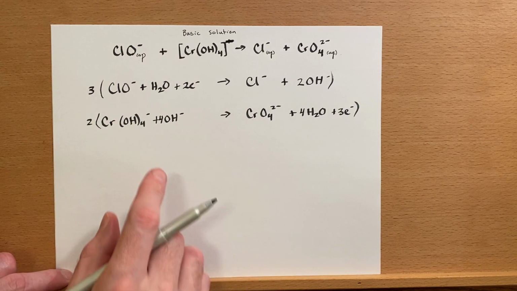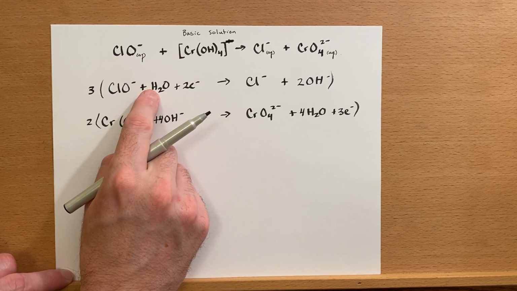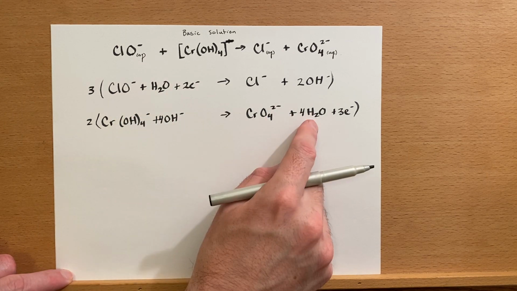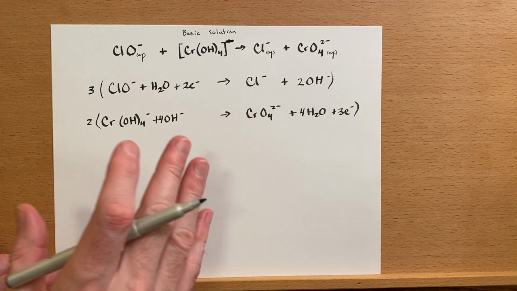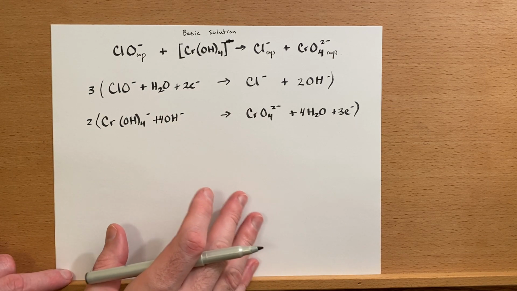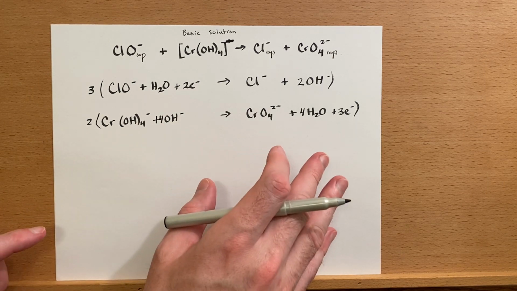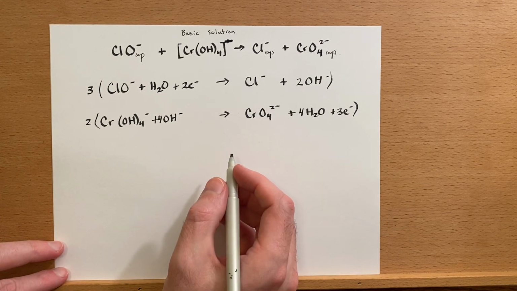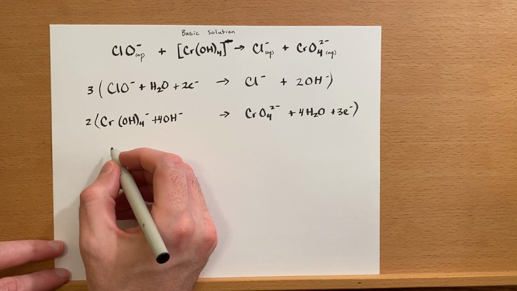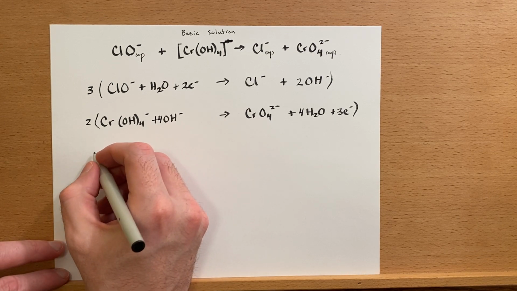Now you may also notice that we have some water on the reactant side and some water on the product side, and we have some hydroxide on opposite sides. We'll be able to cancel that out in a minute, but let's just get what's added up written down first, and then we'll start canceling everything out to simplify it down so we don't get too confused.